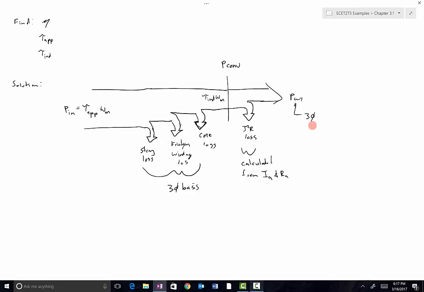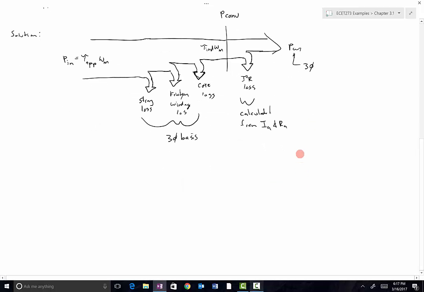We can summarize this. Let's start over here. The input power has to be equal to the sum of all the other ones. So P in is equal to P out plus P I squared R plus P core plus P friction and windage plus P stray.